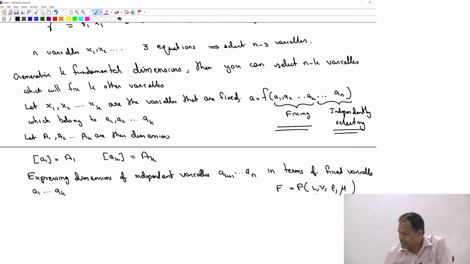I'm going to select L, V and rho as the fundamental dimensions so that I can represent the dimensions of mu in terms of L, V and rho, and I'll be able to do that, right? Similarly, if I have n variables, I'll select the dimensions of the first k variables, and then the n minus k variables can be represented in terms of the first k variables. This is the way you can represent viscosity in terms of dimensions of L, V and rho.